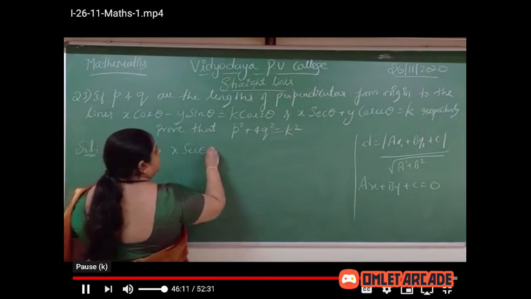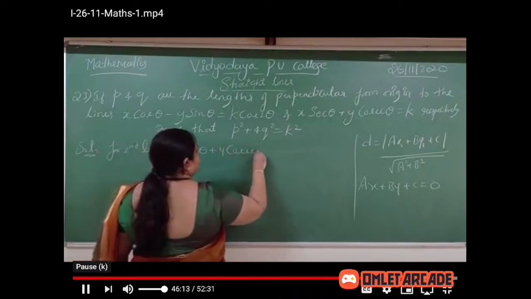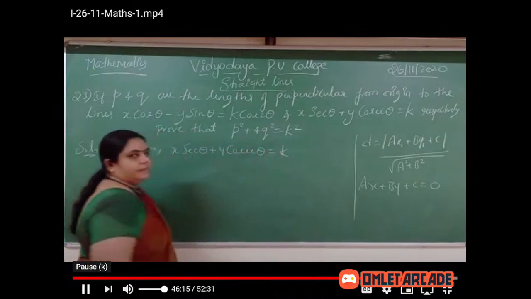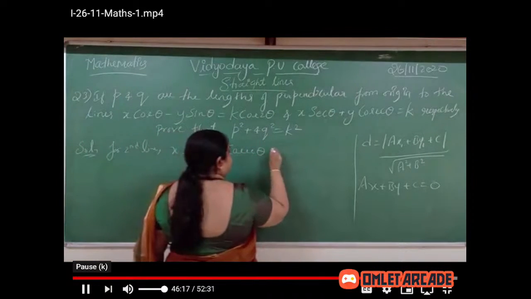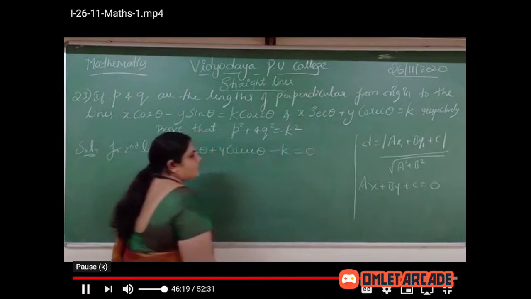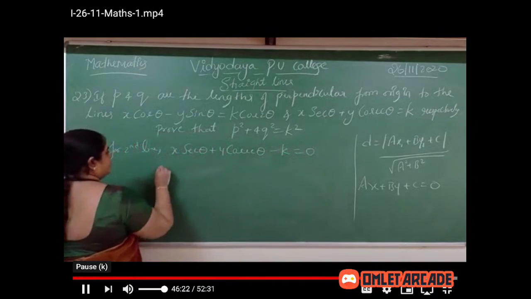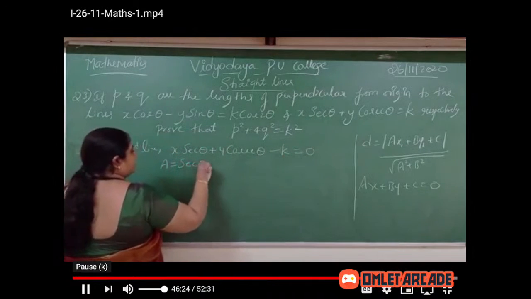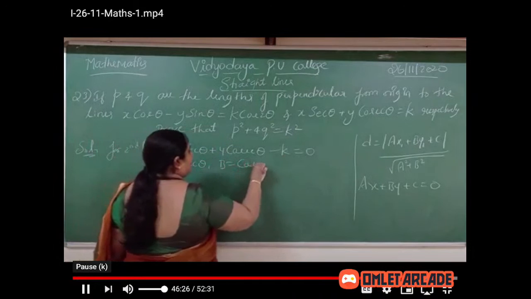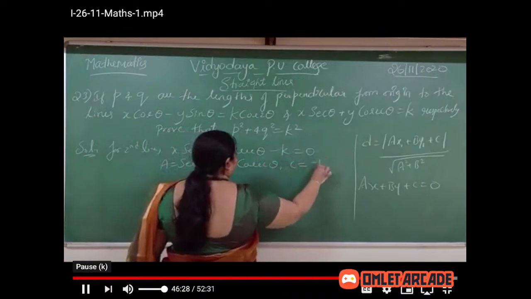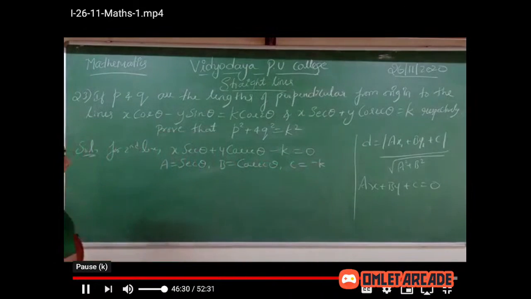X secant theta plus y cosecant theta is equal to k. So let me write it in general equation form, minus c is equal to 0. When you compare this to the general equation, a will be secant theta, b will be cosecant theta, and c will be minus k, isn't it?